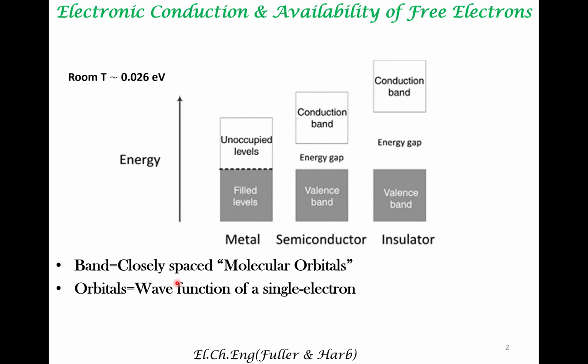We are not going to go into details of quantum chemistry, but these jargons have to be clarified. So orbitals refer to wave functions for a single electron. If they are present in a molecule, they are called molecular orbitals, and if they are present in an atom, they are referred to as atomic orbitals.